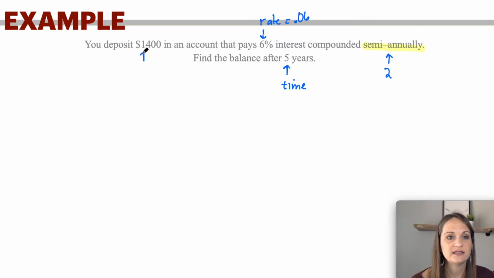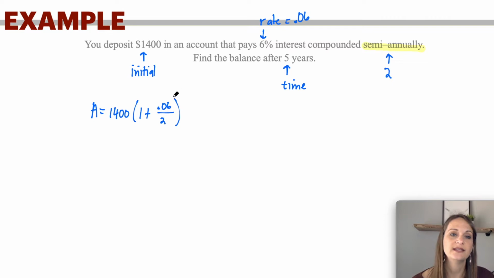And this is also your initial. So you know that your initial amount times 1 plus your rate divided by the number of times compounded, divided by 2, and you're going to raise it to the NT. Well, it's happening twice over 5 years, which means it's happening a total of 10 times, because twice the first year, twice the second year, twice the third year, which means it's being compounded 10 different times.